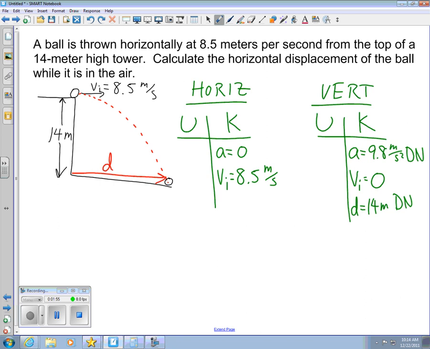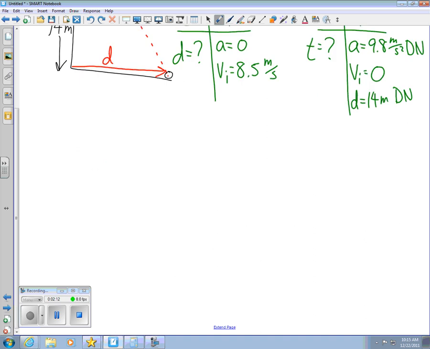All right, they ask us for horizontal displacement, and so I'll put that as an unknown, d equals question mark. But we don't have enough information in the horizontal ARC chart to calculate that yet. We also need time, and we're going to find that from the vertical side. So let's do that first.